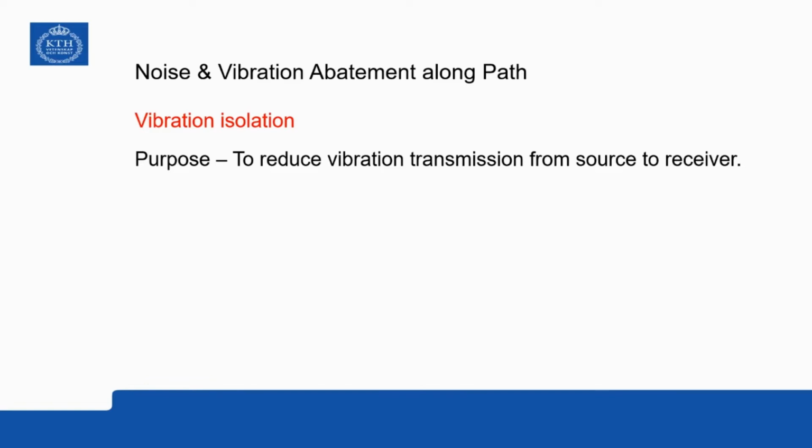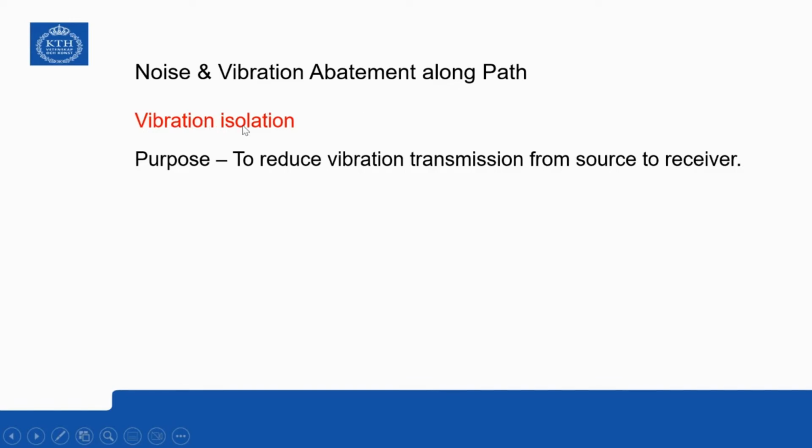And the purpose of vibration isolation is, as the name indicates, to reduce the vibration transmission from the source to the receiver. One important transmission path for acoustic noise between the source and the receiver is that it propagates as vibrations at parts of the path. And that is what we are going to focus on in vibration isolation.